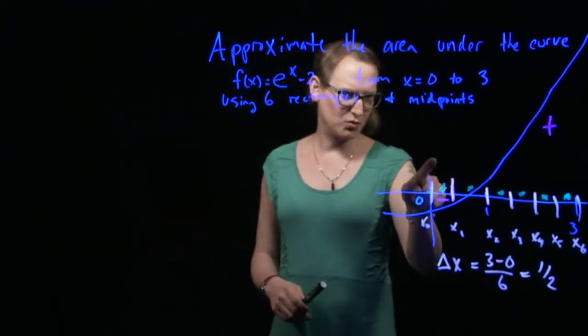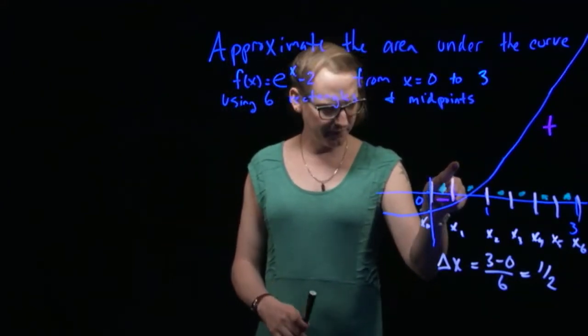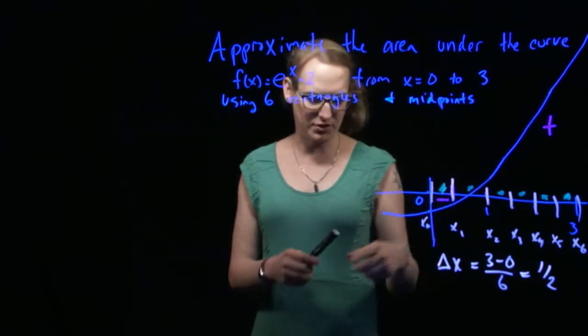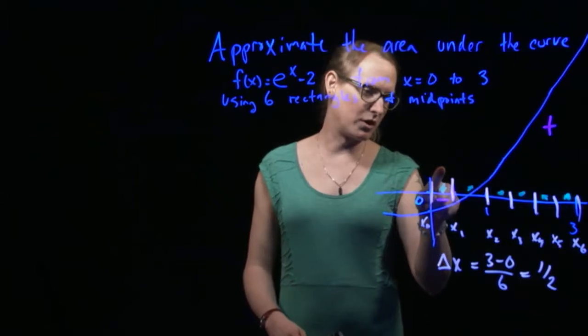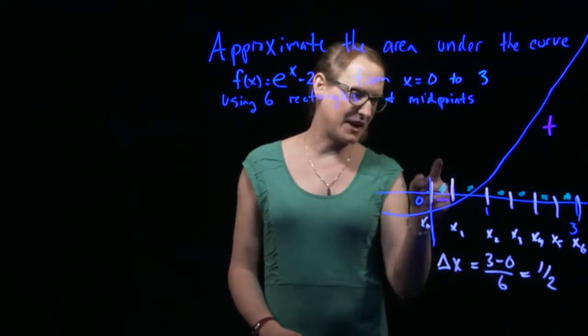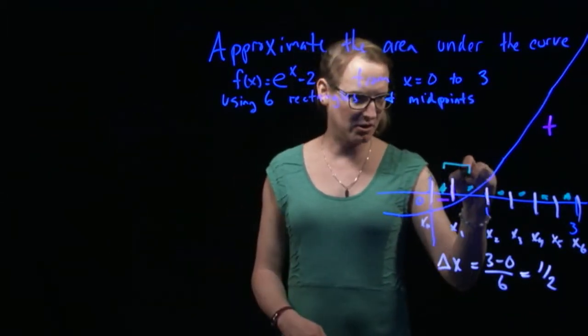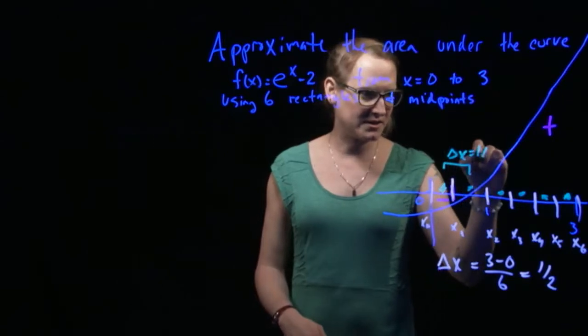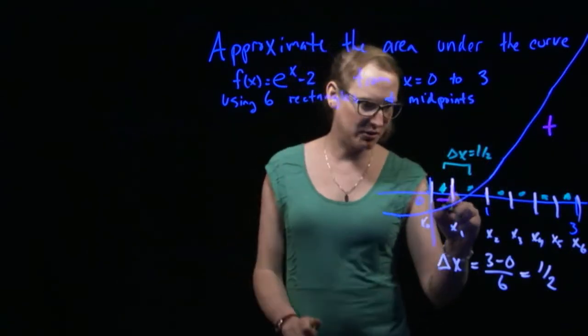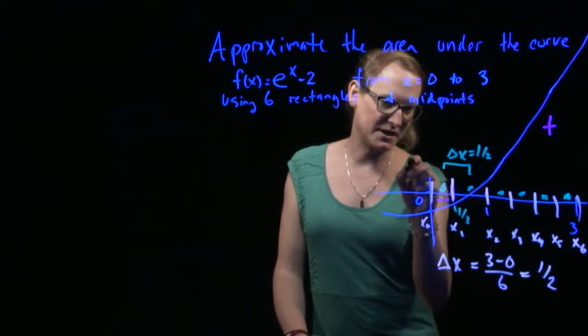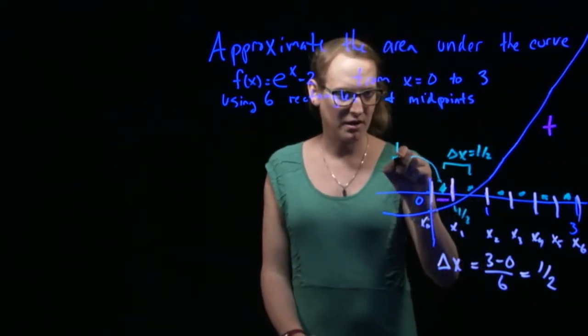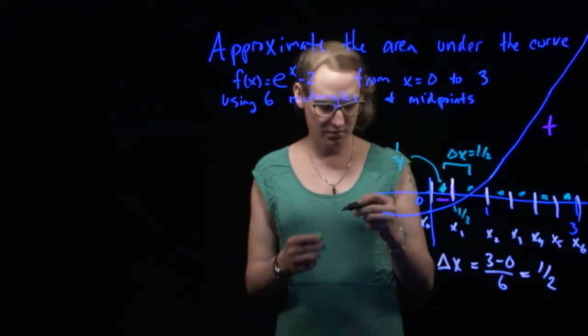So this is 0, this is a half, and this is halfway in between. So essentially, once we know one of them, they're all delta x apart. This distance here is delta x, which is a half, so I just need this value. This right here is itself a half, which means that this midpoint here is a quarter.